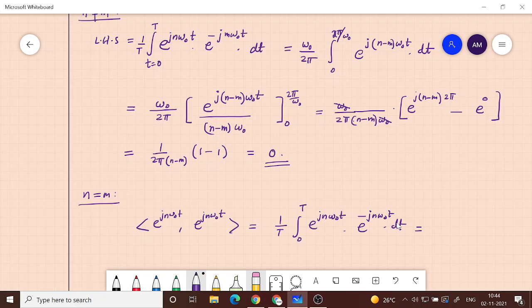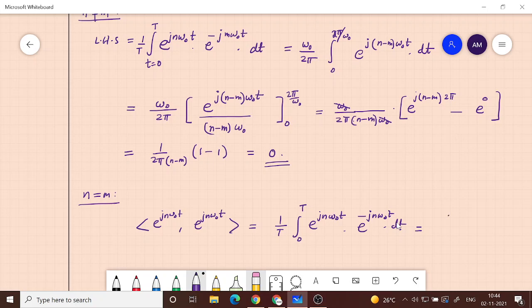Any complex number multiplied with its conjugate will give you modulus square. And what is the modulus square of this? It is e raised to 0, right? Yes, sir. So that is 1.